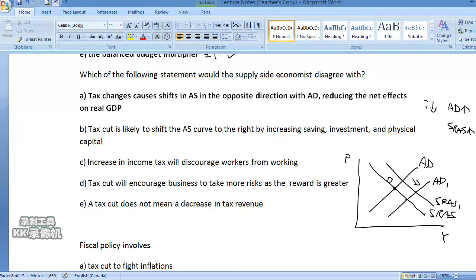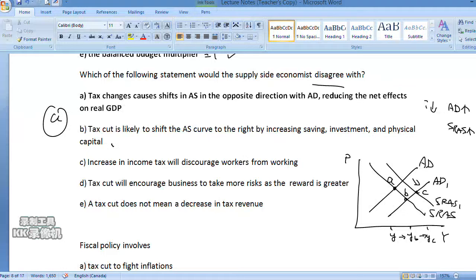So this is A. After the AD shift, we have B and then C. So in terms of output, we can see every shift is contributing to an increase in real GDP. So A is not true. So they would disagree with A. Tax cut is likely to shift the AS curve to the right by increasing savings, investment, and physical capital.